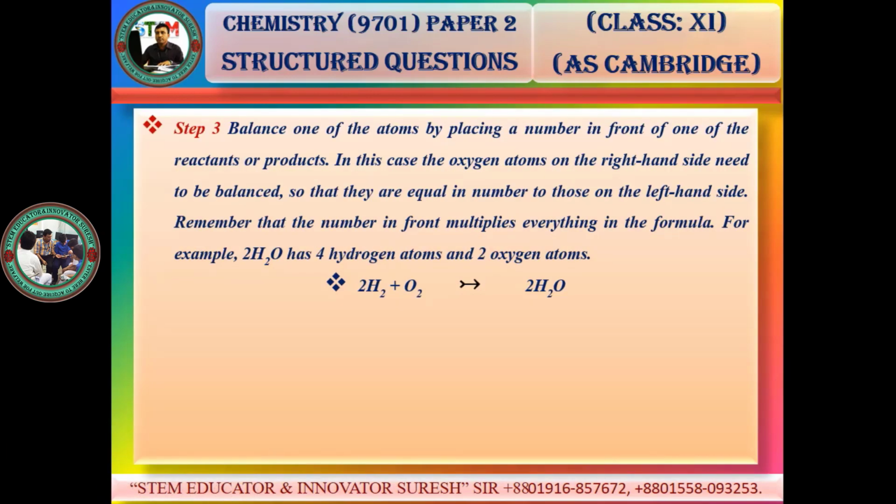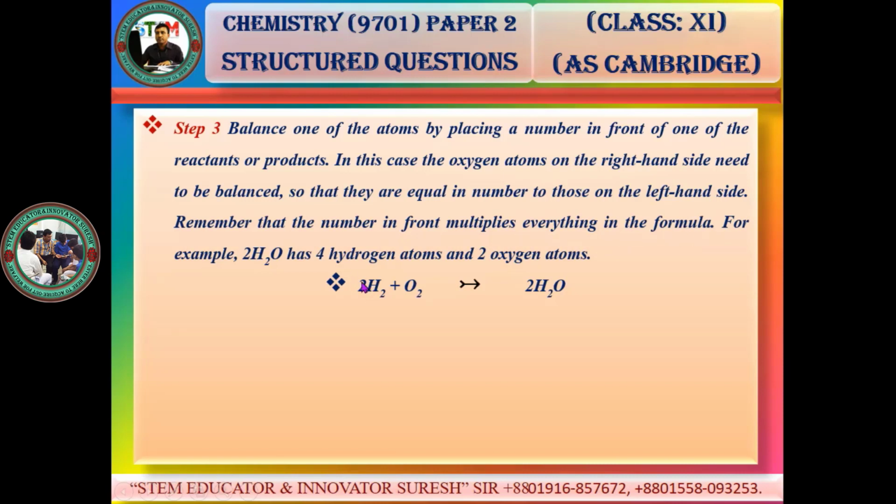Step 3, balance one of the atoms by placing a number in front of one of the reactants or products. In this case, the oxygen atoms on the right hand side need to be balanced so that they are equal in number to those on the left hand side. Remember that the number in front multiplies everything in the formula.